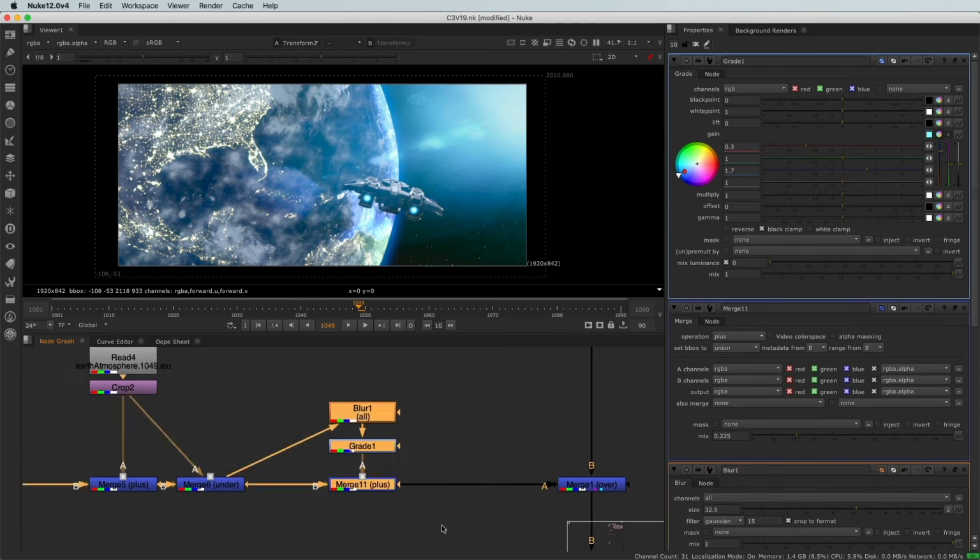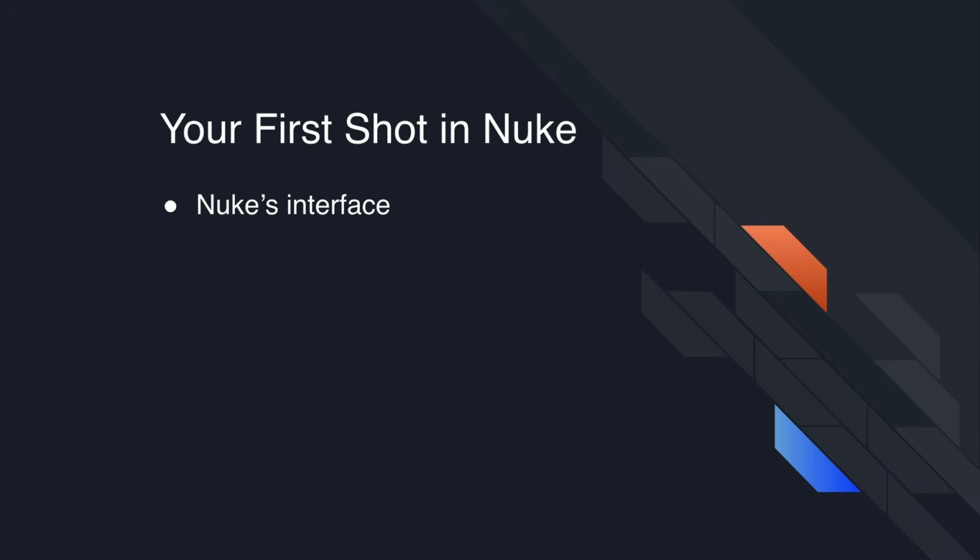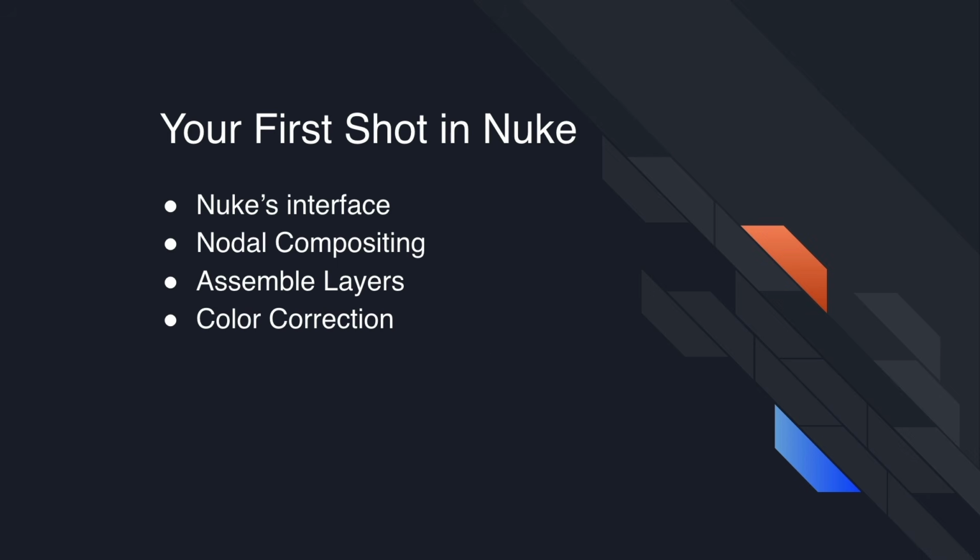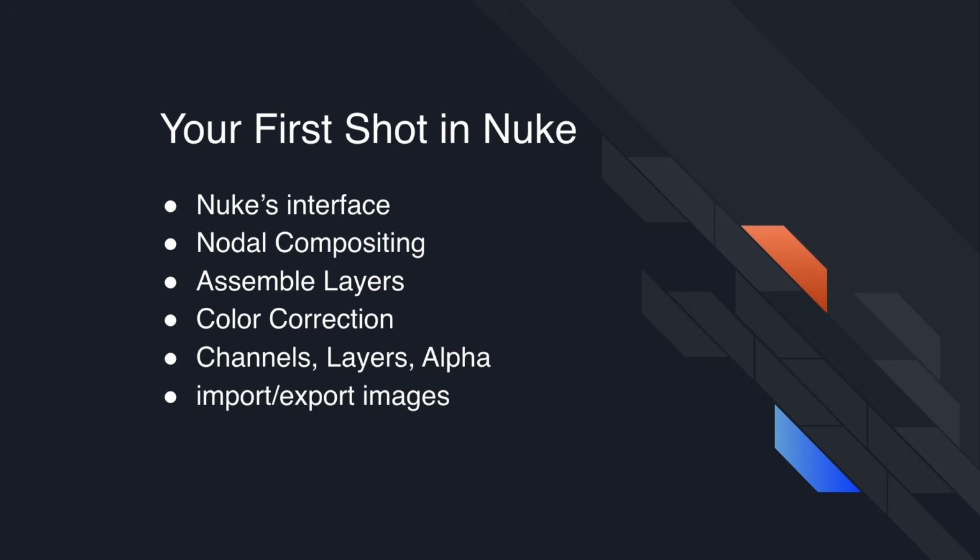Some of the key takeaways of this course are: understand the Nuke interface, discover the logic of nodal compositing, assemble render layers with the merge node, the basics of color correction in Nuke, understand channels, layers, and alpha, and import and export images with Nuke.